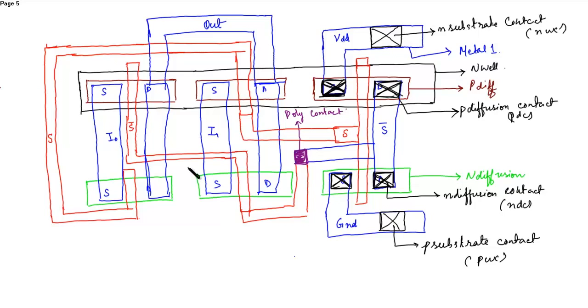So all the connections are done. Now you have to place the diffusion contacts. Here there will be a P diffusion contact. Similarly over here. All these are P diffusion contacts since these are the P diffusion layer. Here this is the N diffusion contact.